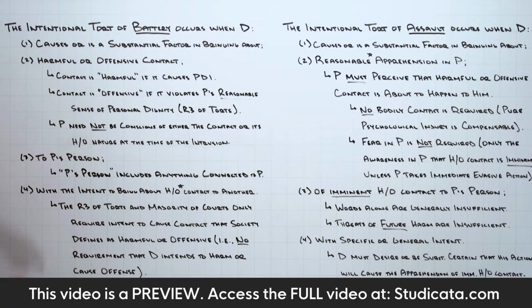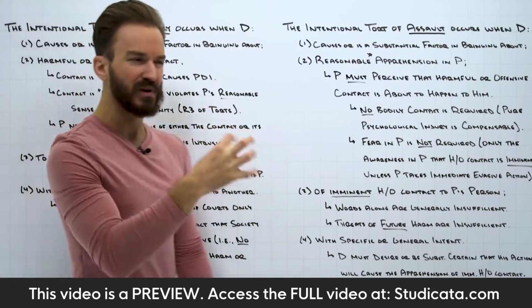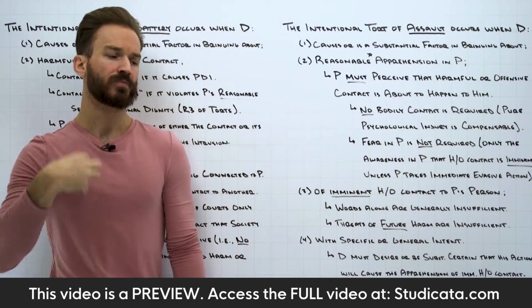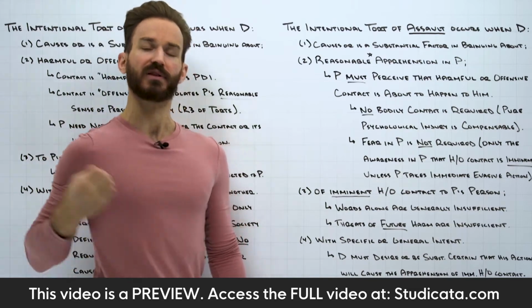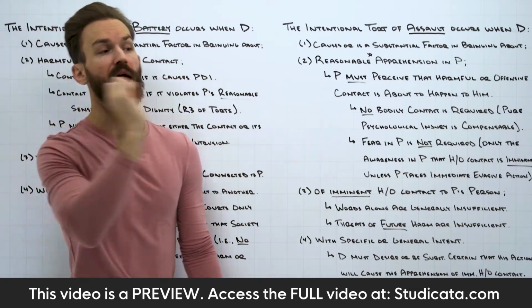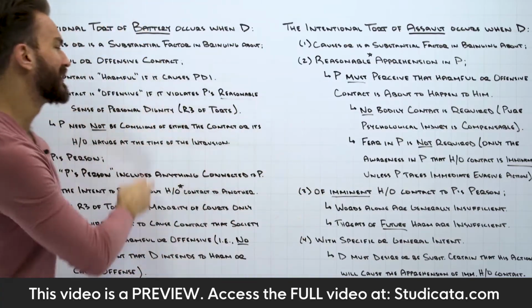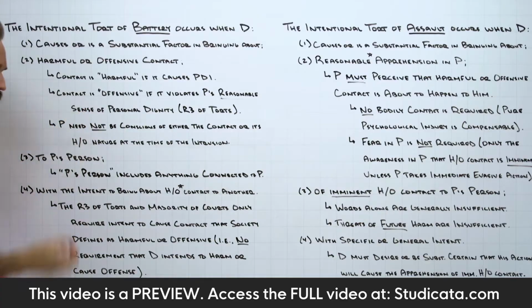It's also not going to satisfy the intent requirement, but it's not even really going to be considered offensive because the delivery isn't there. When you read the opinions, courts really do look at the underlying delivery from the defendant. What's the purpose behind this contact? So if I'm just talking, I accidentally spit on someone, that's not going to be a violation of a person's reasonable sense of personal dignity.